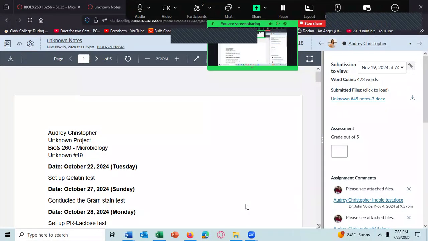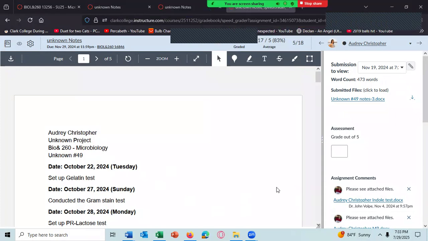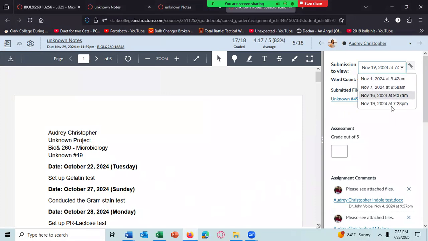All right, let me share my screen now. So here's the student's unknown notes. They have 1, 2, 3, 4 different documents they've submitted. We're looking at the last document.